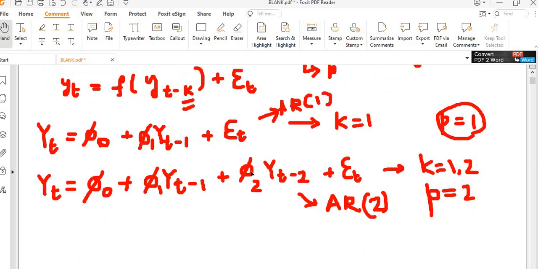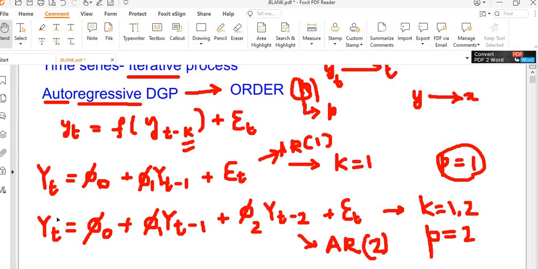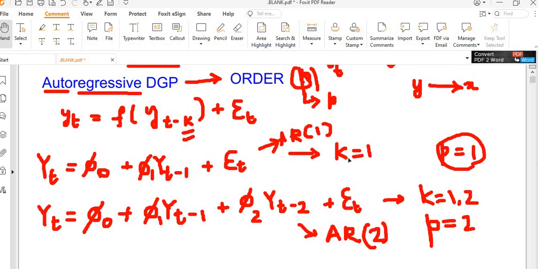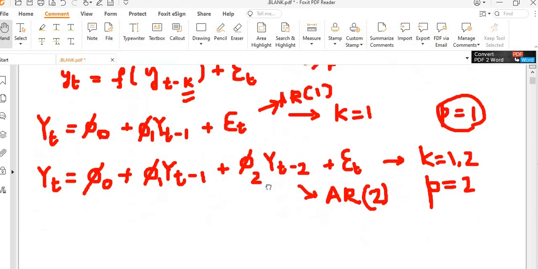That essentially gives you how much the past values are taken into consideration when we consider the present value of a variable. This is essentially the notation that we are going to follow when we consider autoregressive data generating processes.